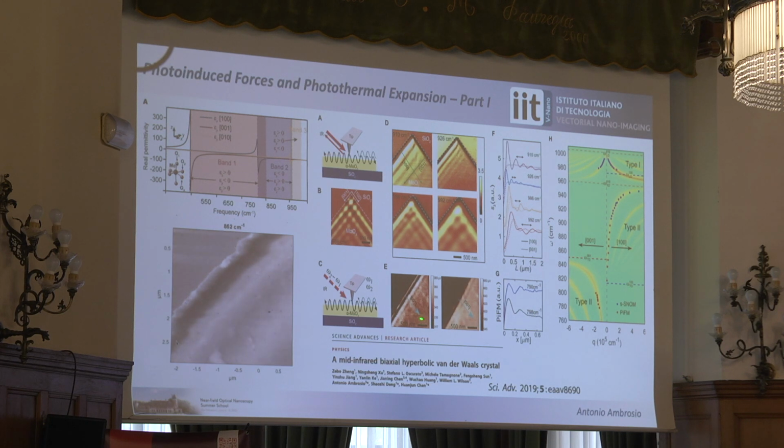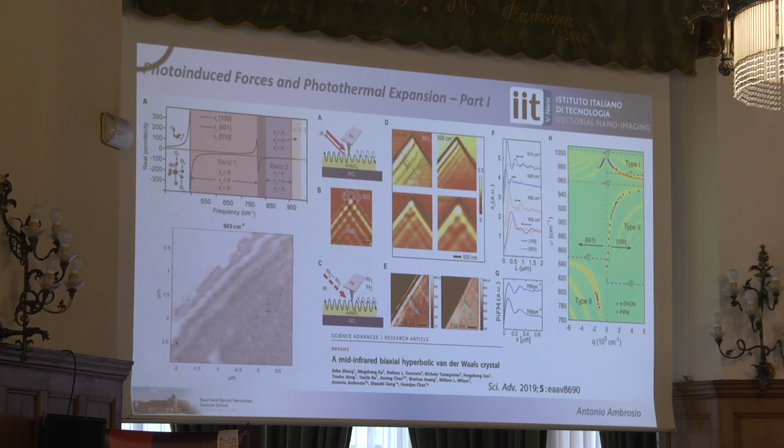But this is to say it may complement scattering SNOM, because if you want to do heterodyne, you need a CW source, and QCLs have limited chip on that. If you go to something that is pulsed and still a QCL, you have a much larger choice. This is what we did here.